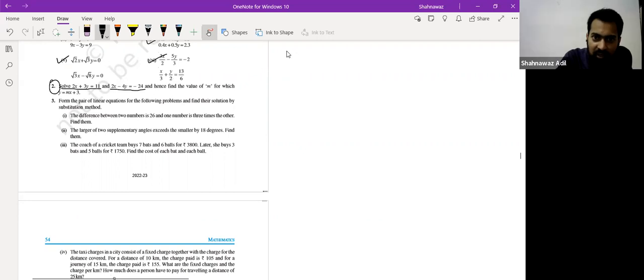So this is simple. Let us solve first. So first find the value of y. Right.